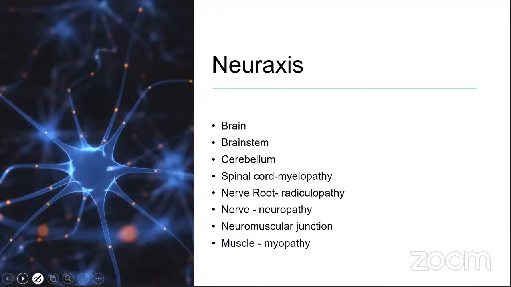This is, broadly, the neuraxis: the brain, brainstem, cerebellum. Disorders of these we will address slightly. The next part may be spinal cord myelopathy, nerve root radiculopathy, neuropathies which affect the nerve, neuromuscular junction problems, and muscle myopathy, which we will take up in the next class.